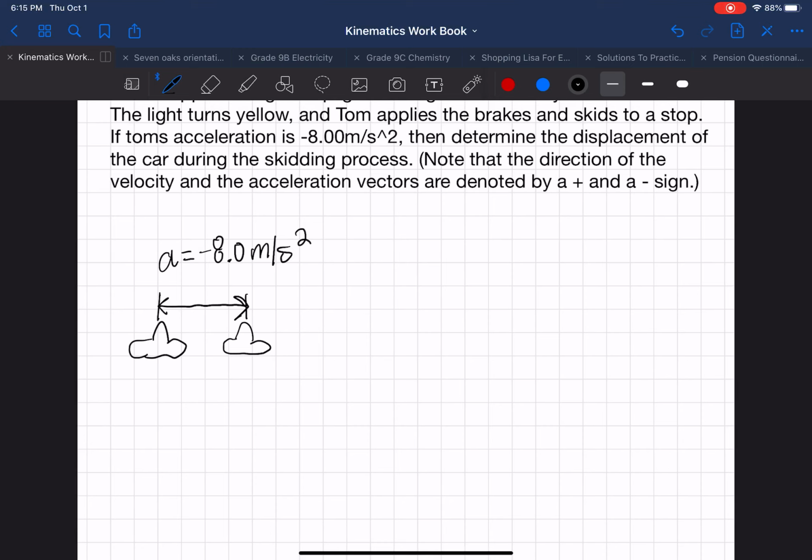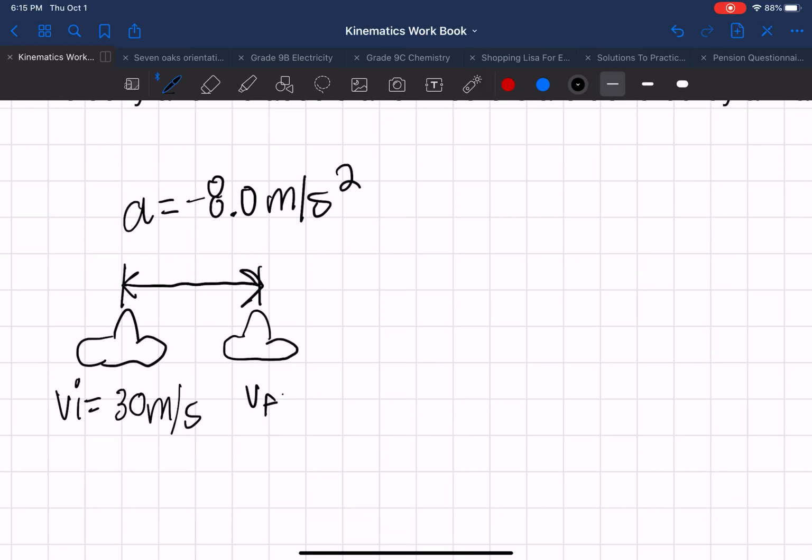The initial velocity we know is 30 meters per second. The final velocity is 0 meters per second because he skidded to a stop. And then D equals 0. Okay, so this is a picture of the car slowing down, so it's moving, and then all of a sudden it has stopped, okay?